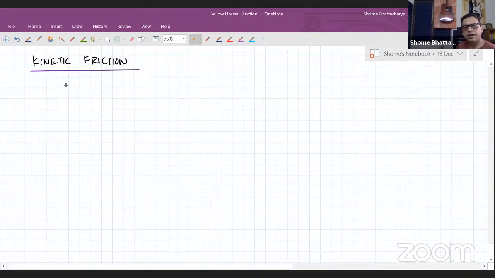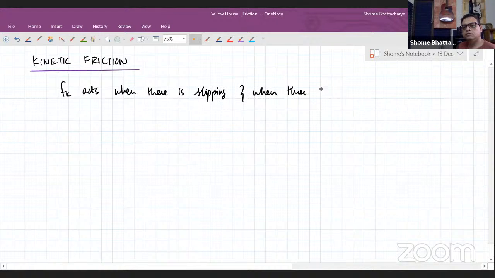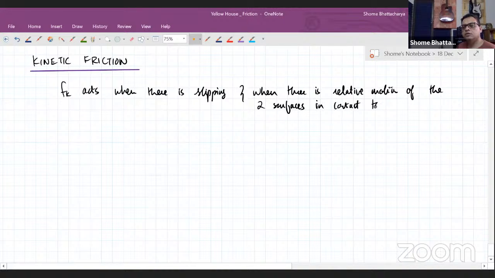As we have seen, kinetic friction acts when there is slipping, that is, when there is relative motion of the two surfaces in contact tangentially.